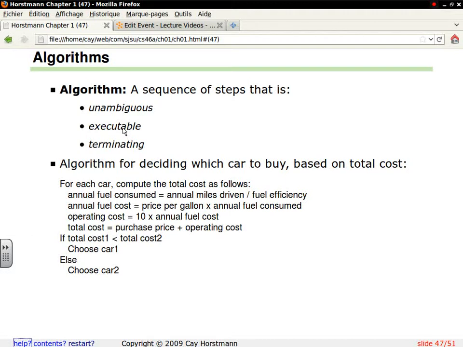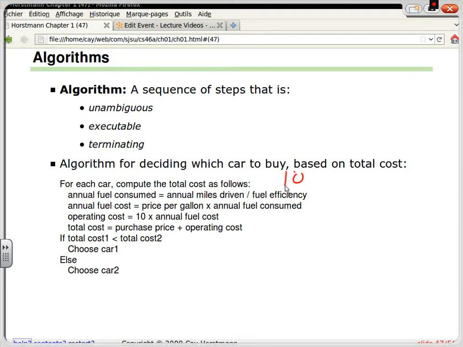So for example, if I drive 10,000 miles, fuel efficiency is 20 miles per gallon. Then that would take me, this is math, what did I say? 10,000 over 20, what's that? That's 1,000 over 2, that's 500. So that would take me 500 gallons to drive my 10,000 miles. Then I would come up with some price per gallon.